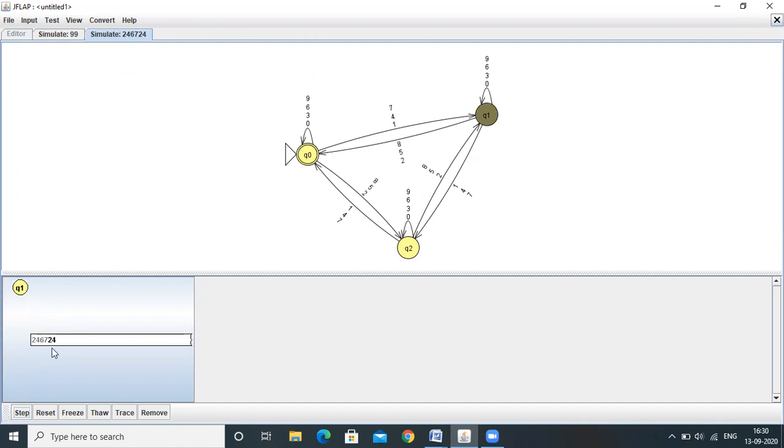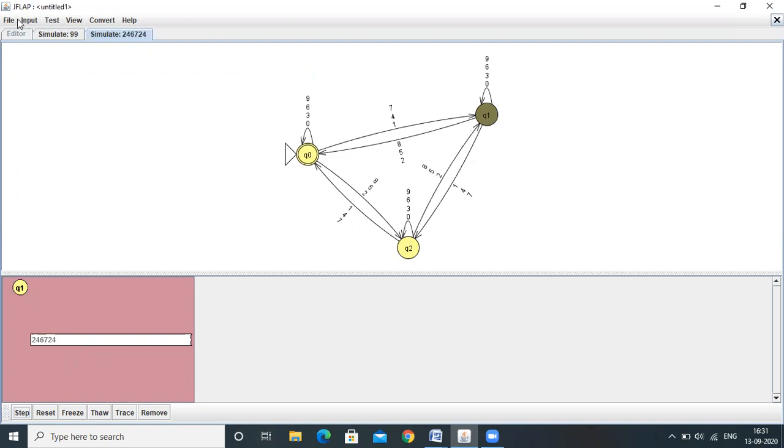Now 2467 reached the Q1 state. Again it is divisible by 3, so finally it reached the Q1 state, so it is not accepted. If you perform modular division with 3 you get remainder 1. That's the reason it ended in the Q1 state.